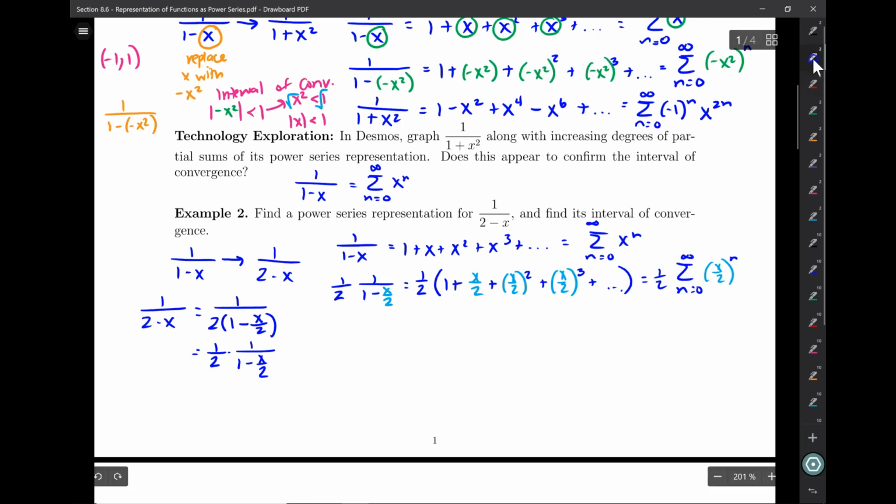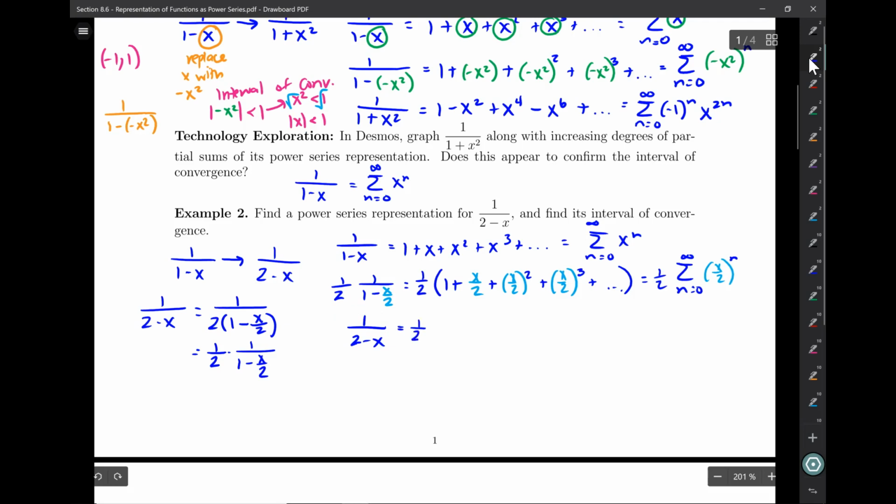Okay? Now let's clean this up a little bit. So the left side I'm going to actually write as the thing I was originally wanting to find, which is 1 over 2 minus x, right, which again is equivalent to this. This step here tells me what I need to do to 1 over 1 minus x in order to get the thing I'm looking for, which is 1 over 2 minus x. Okay, so let's go ahead and distribute the 1/2 through.